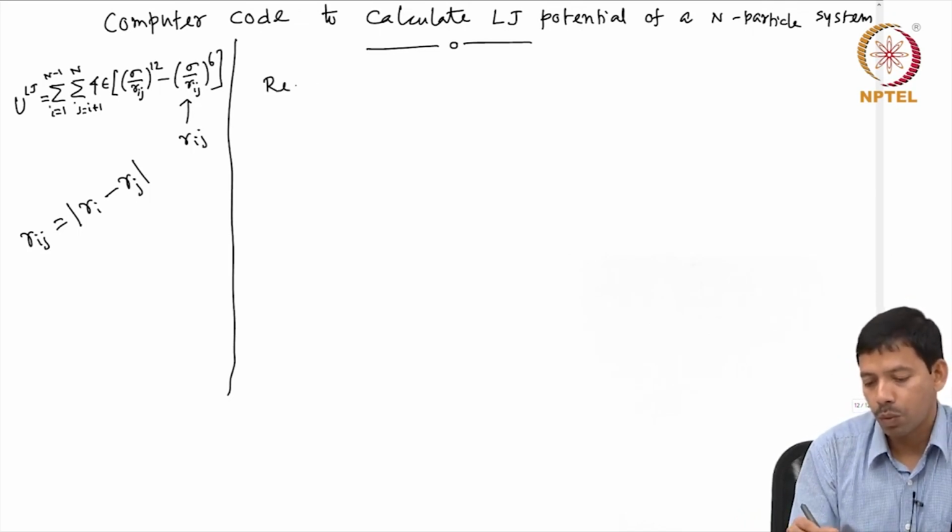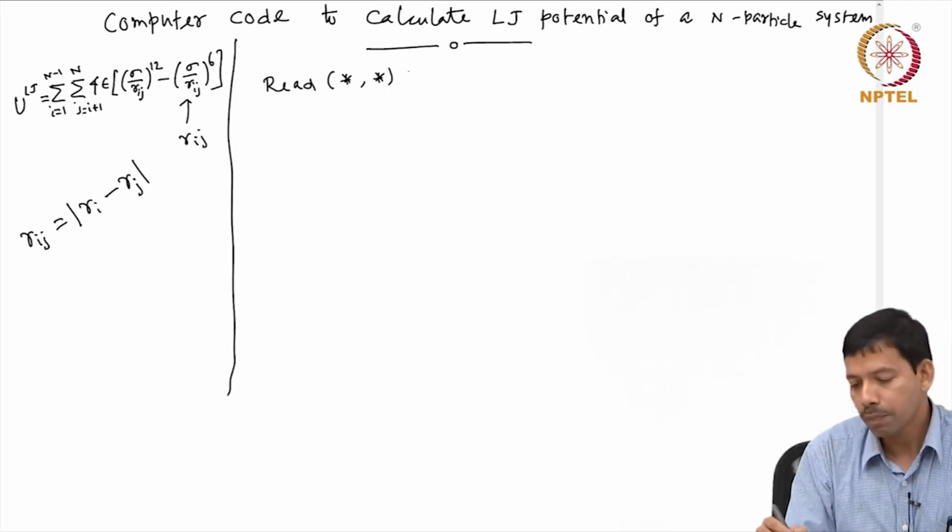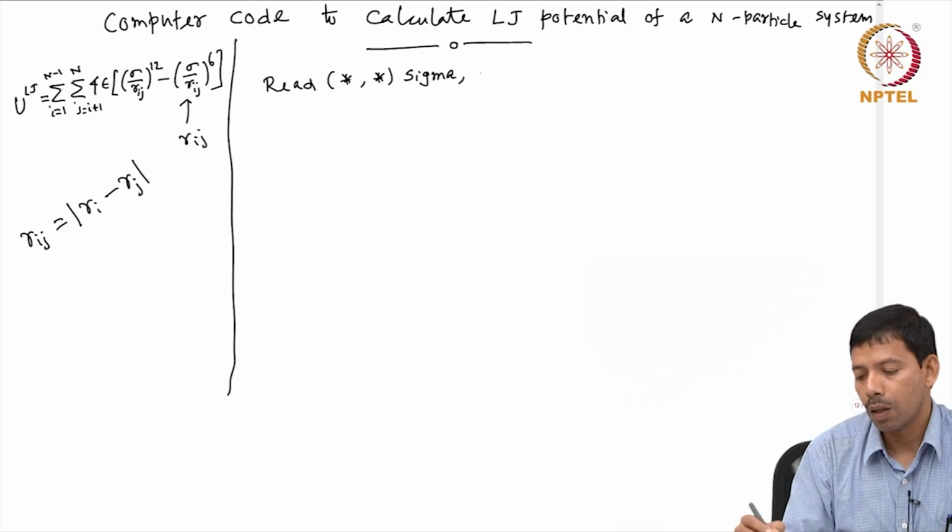I can read this on the screen itself: I read sigma and epsilon.